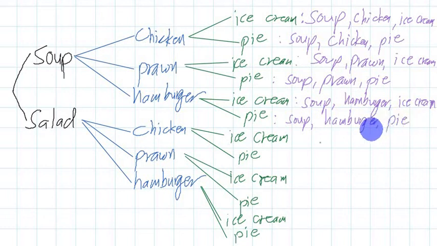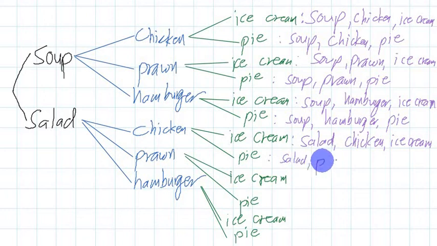This one, we now have salad. Salad, chicken, ice cream. Then salad, chicken, pie.